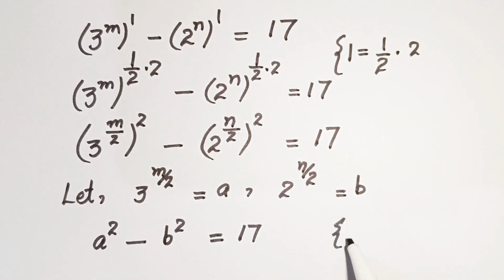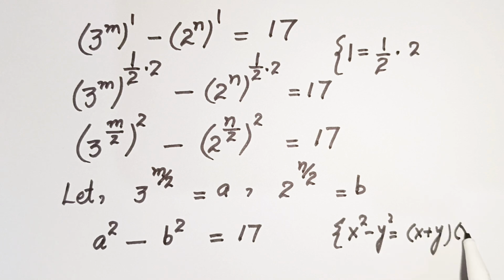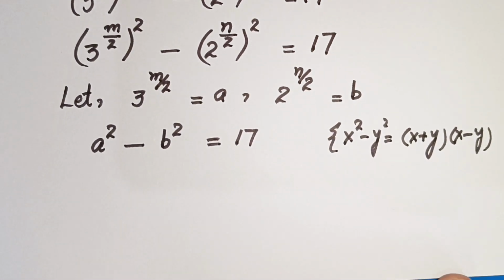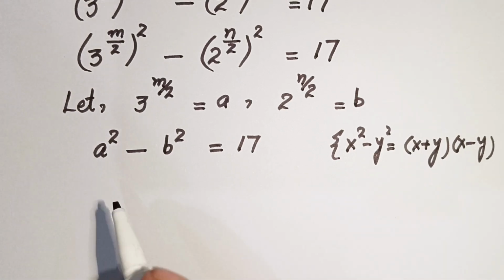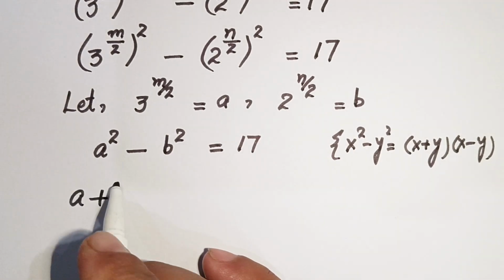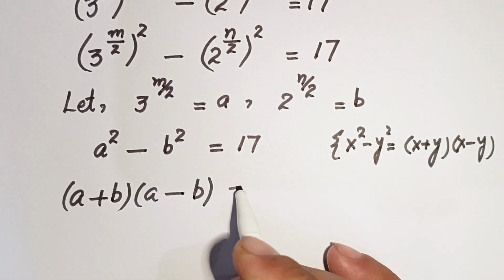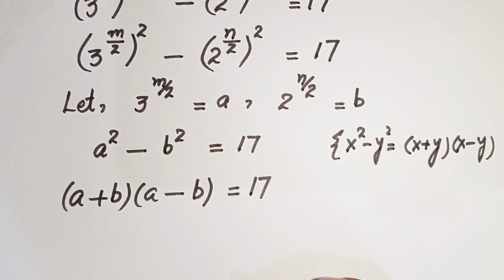As we know, x squared minus y squared is equal to (x plus y) times (x minus y). Applying this formula to the left hand side, we get (a plus b) times (a minus b) equal to 17.